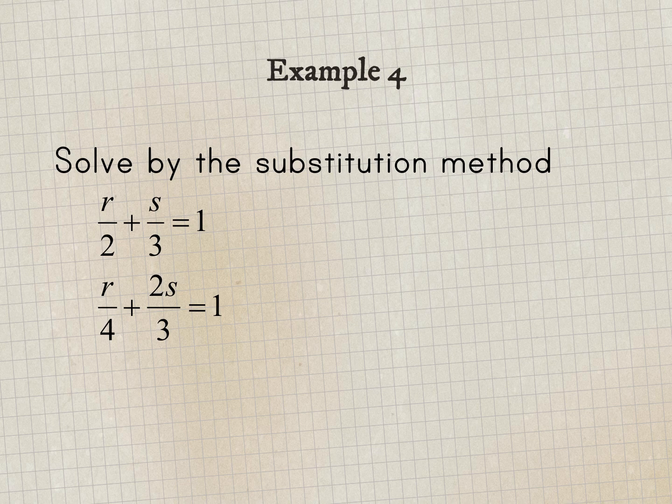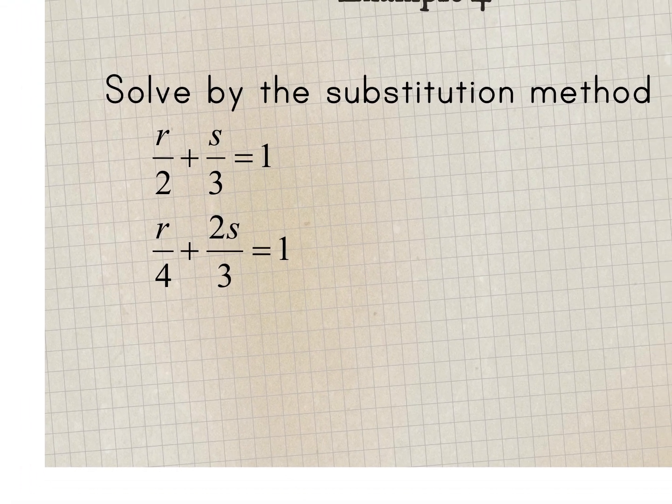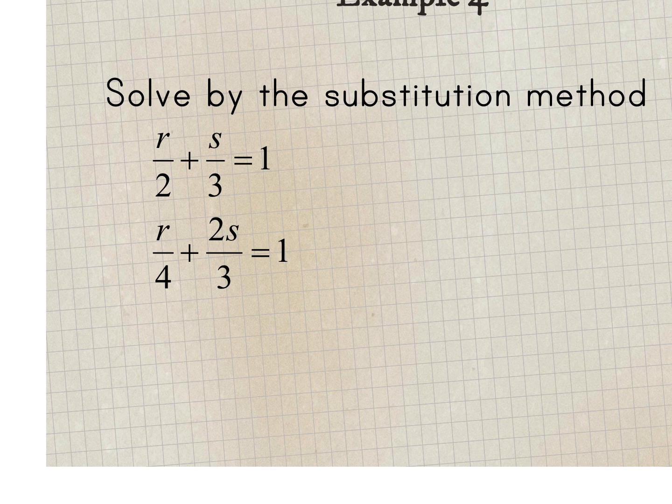Okay, so example 4, it's got some crazy looking fractions here. Again, it still wants me to use the substitution method. So, so I don't have to work with fractions and substitute them in, I'm going to get rid of the fractions by multiplying the equations by the LCD, or the common denominator.